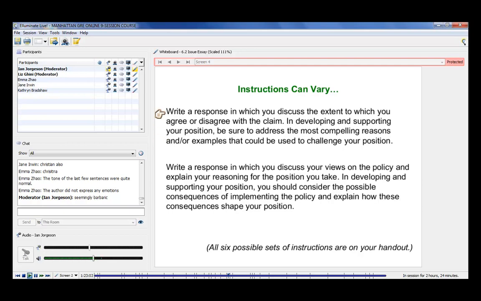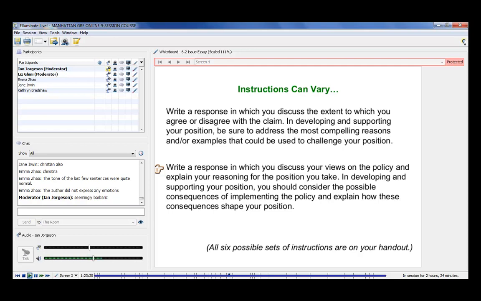And if we just wrote an essay and didn't include the second part here, we would get a lower score, even if the rest of the essay was really good. So here's another version. Write a response in which you discuss your views on the policy and explain your reasoning for the position you take. In developing and supporting your position, you should consider the possible consequences of implementing the policy and explain how these shape your position.